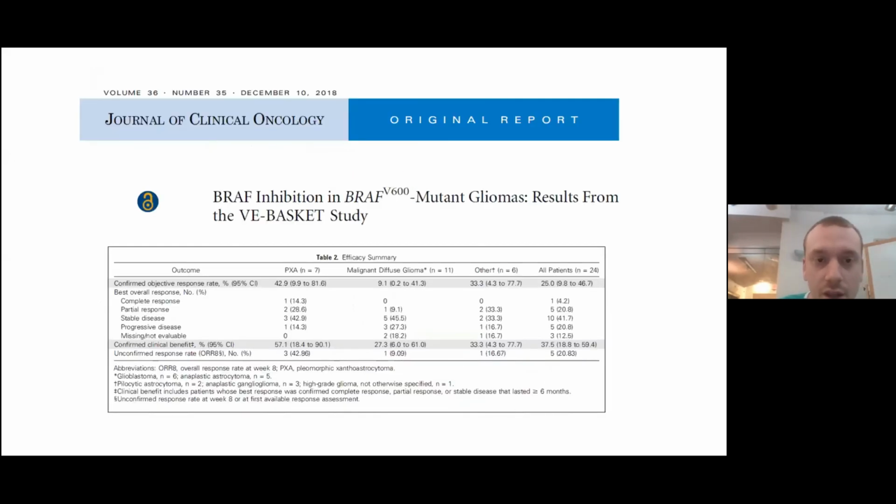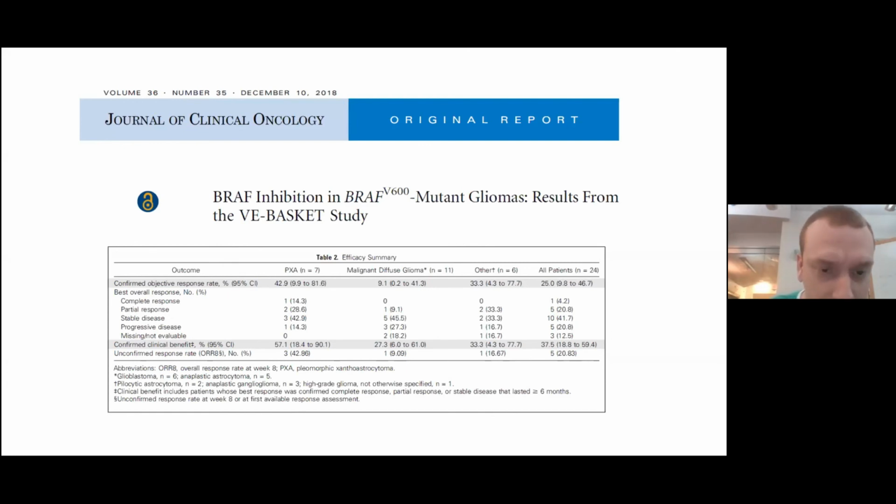Also interesting, now BRAF is a target for therapy. There's this small study looking at gliomas with BRAF mutation using different medications to target the BRAF. And interestingly, patients with PXAs are the ones who benefit the most from this kind of treatment.